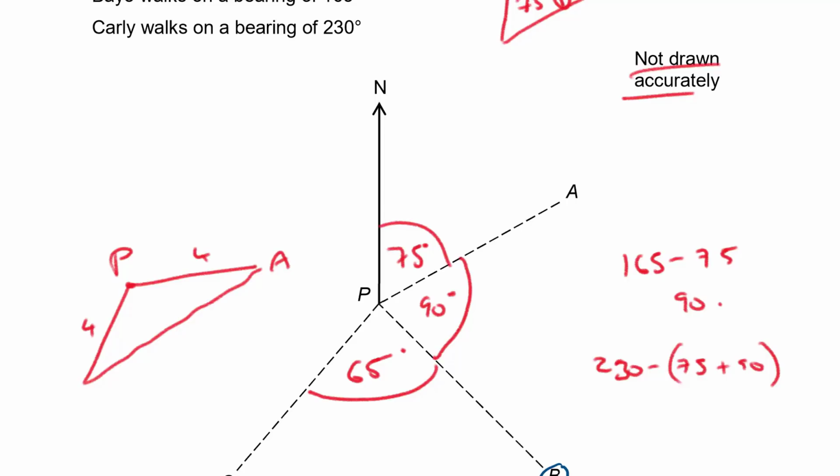Because this 65-degree angle is smaller than this 90-degree angle, it means the distance between here and here must be less than the distance from here to here. So I would say that C and B are going to be closest together because this angle between them is smaller.